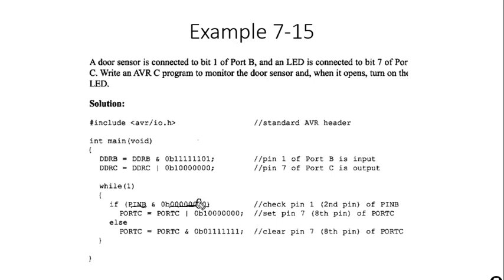If bit 1 is 0, all other pins, even if they are 1, since they are AND operation with 0, the result will still be 0. So with the help of this mask, we are just checking the status of bit 1, and as mentioned in the previous slide, we do not need to equate with some value.